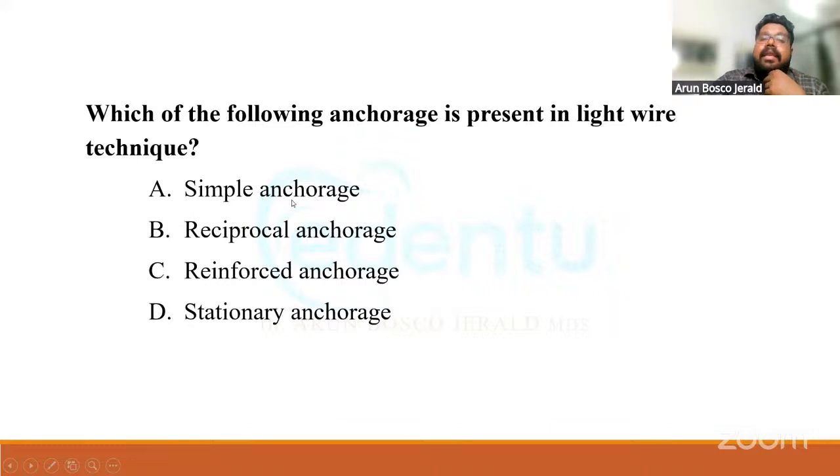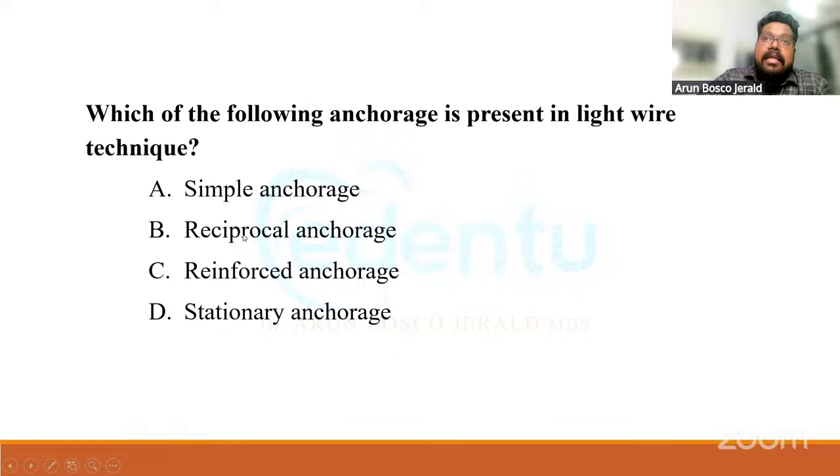Simple anchorage means resistance to tipping. Tipping means mesiodistal movement of the crown, or root. The crown moving like that is called the tipping type of movement. So if the crown is tilted distally, it is a distal tip. When resistance to tip is used as an anchorage, then it is called simple anchorage.